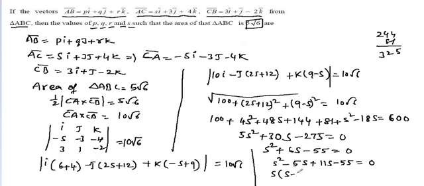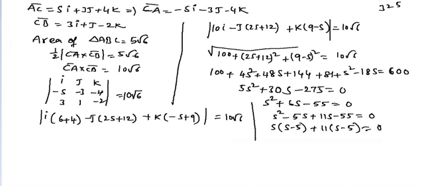Take s common, that is s minus 5, plus 11 common, s minus 5 is equal to 0. From this, s minus 5 again common, that is s minus 5 take common, that is s plus 11 is equal to 0. From this s minus 5 is equal to 0, s is equal to 5. The value of s is 5.